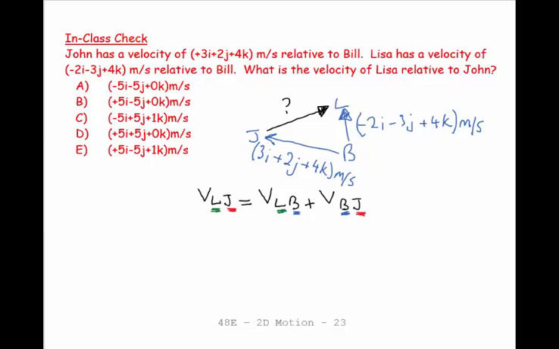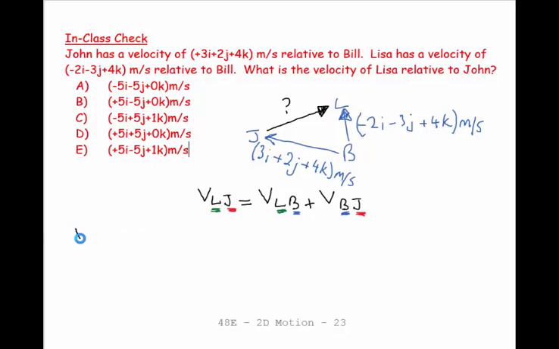What I've now got to do is work through what I know and change things if I don't have the right thing. The first thing is that I want the velocity of Lisa relative to Bill. And if I look at this, I see I have the velocity of Lisa relative to Bill. It says Lisa has a velocity of that relative to Bill.